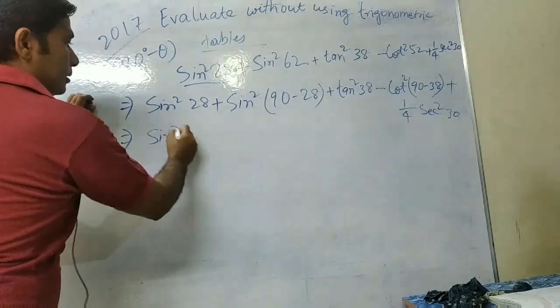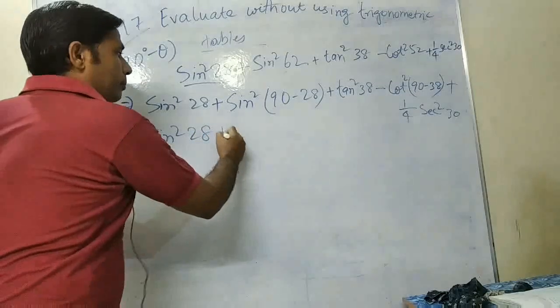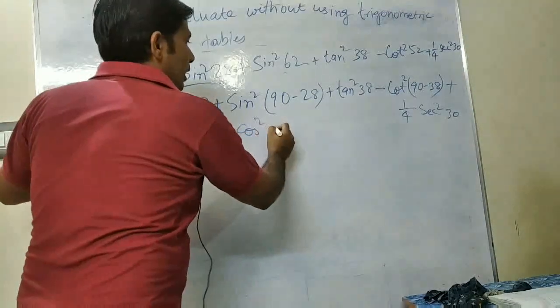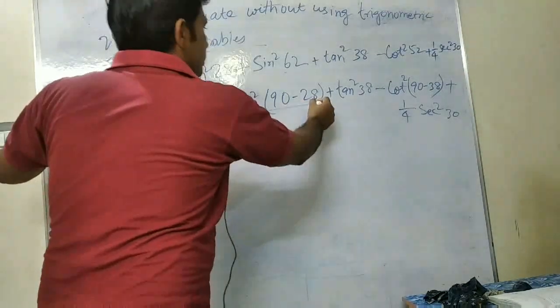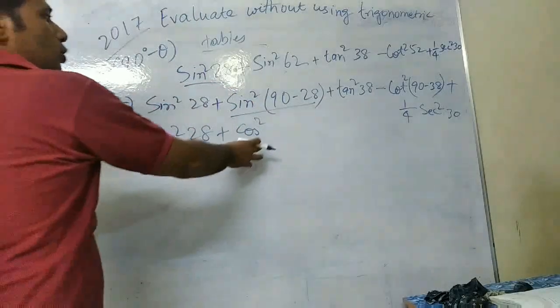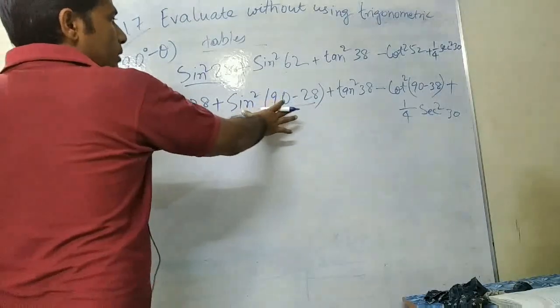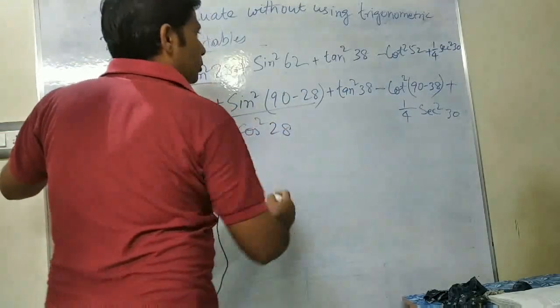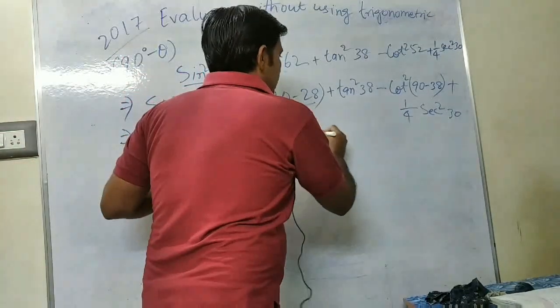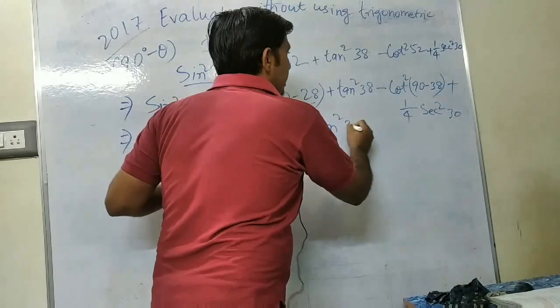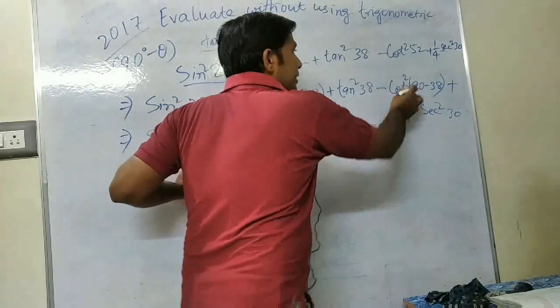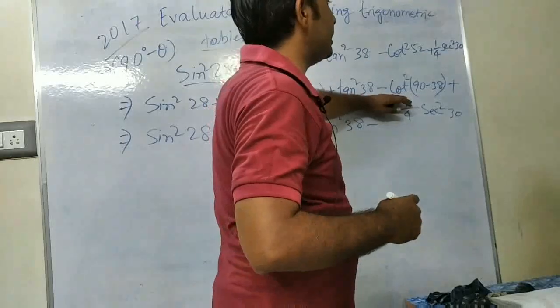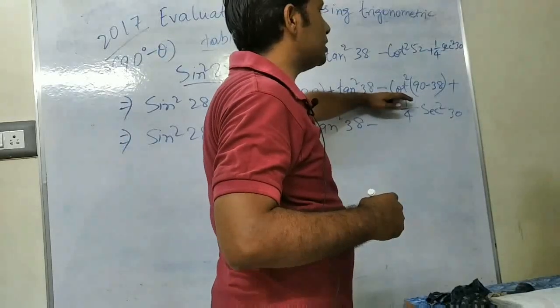Sin square 28 plus cos square 28. What is the value of sin square of 90 minus theta? It is cos square theta. So instead of sin square of 90 minus 28 we will write cos square 28, plus tan square 38 minus cot square of 90 minus theta, which is equal to tan square theta.